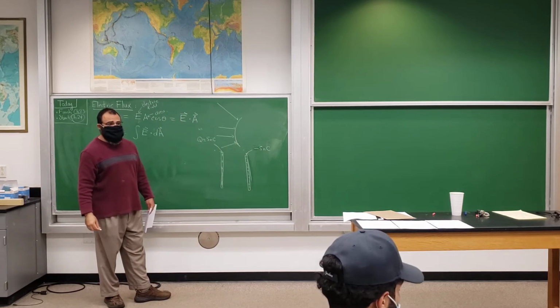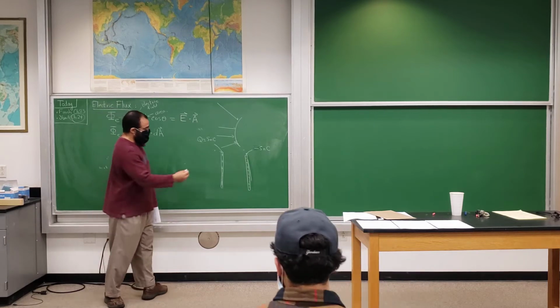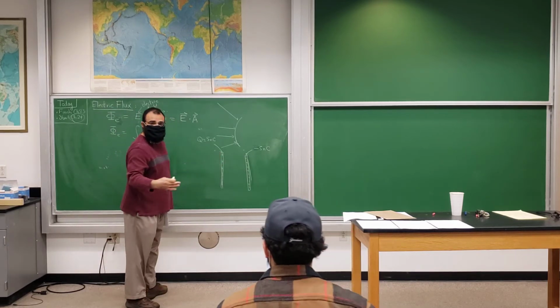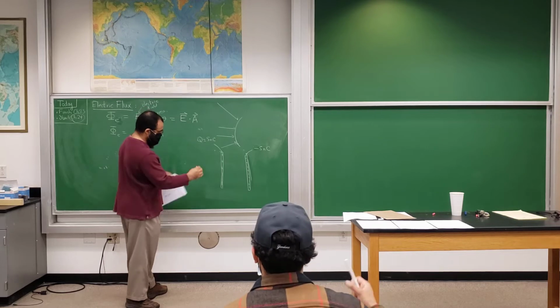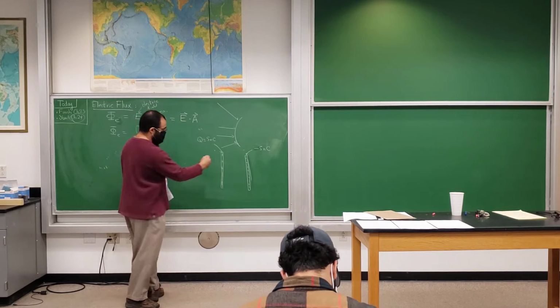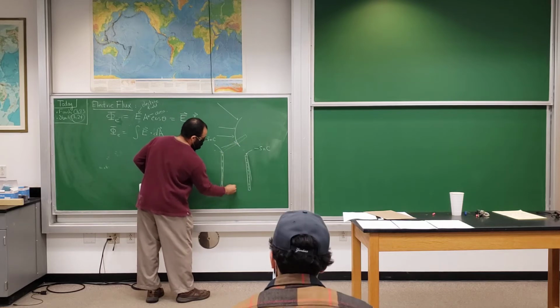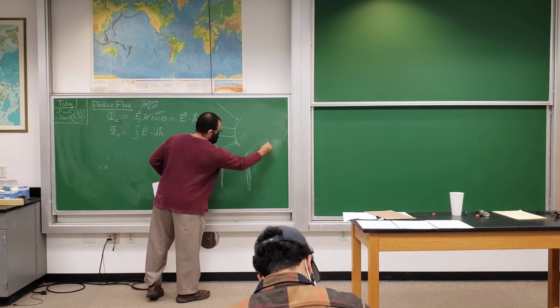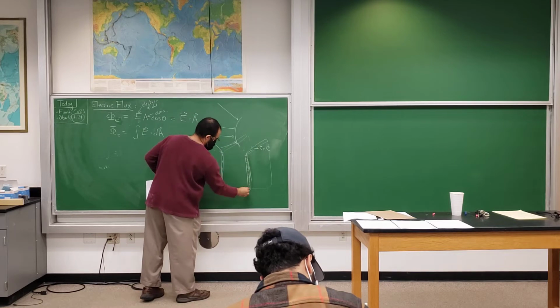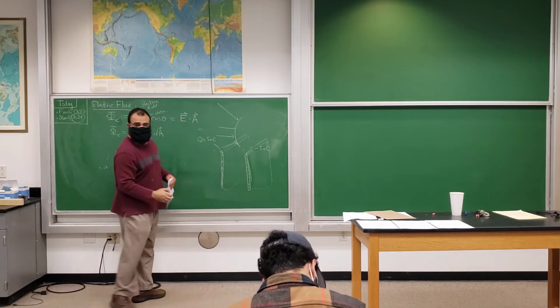And by the way, I'm looking at the side view, right? The actual capacitor has plates going into the board. They actually look something like that. Does that make sense? They're actual two plates.